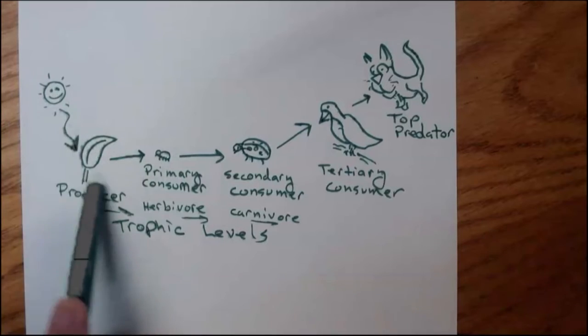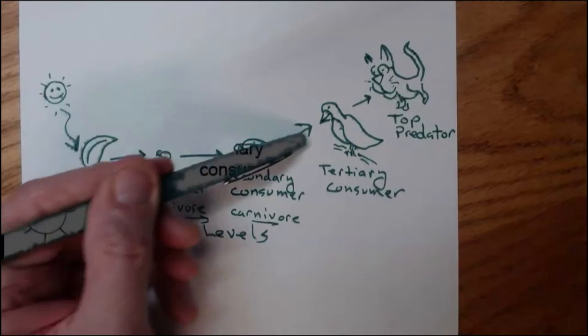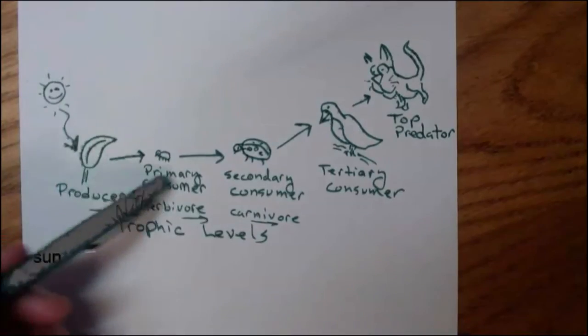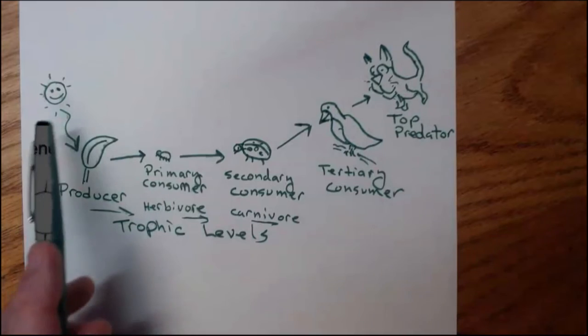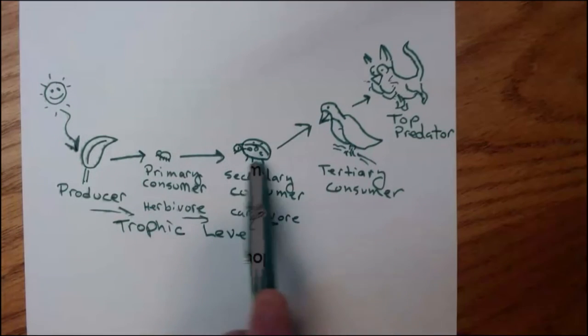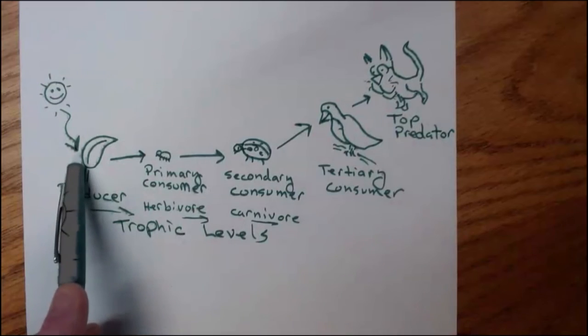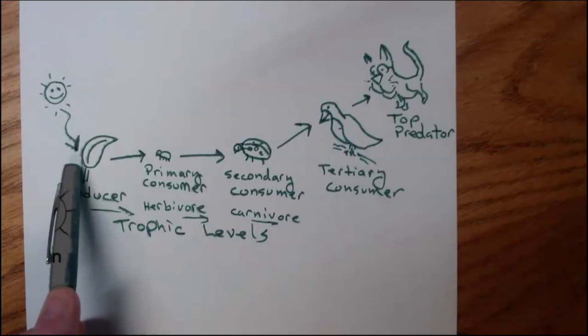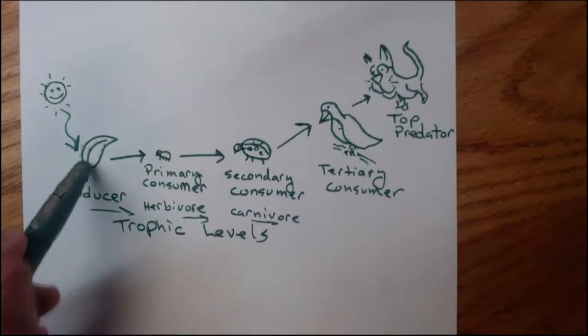Now, one reason why I don't include it in here is that what we're talking about is the energy flow, the flow of the energy from the sun through to the top predator. There's also material flows, the matter, the molecules, the atoms, and that's what gets recycled back. The energy doesn't get recycled back. The energy keeps coming from the sun. What gets recycled back is the physical material.